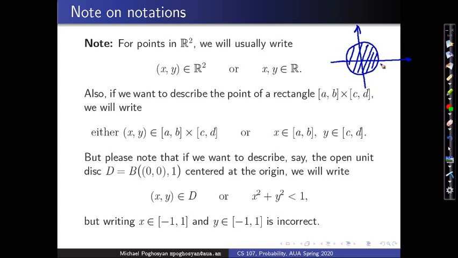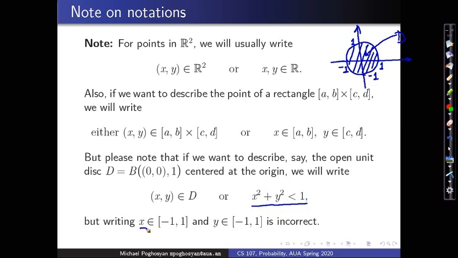This point is 1, this point is -1, this point is -1, and this point is 1. So I will write either (x, y) is in D, or I will write the disk's points equation: x squared plus y squared is less than 1. All points of this disk satisfy this, and all points satisfying this are in that disk.